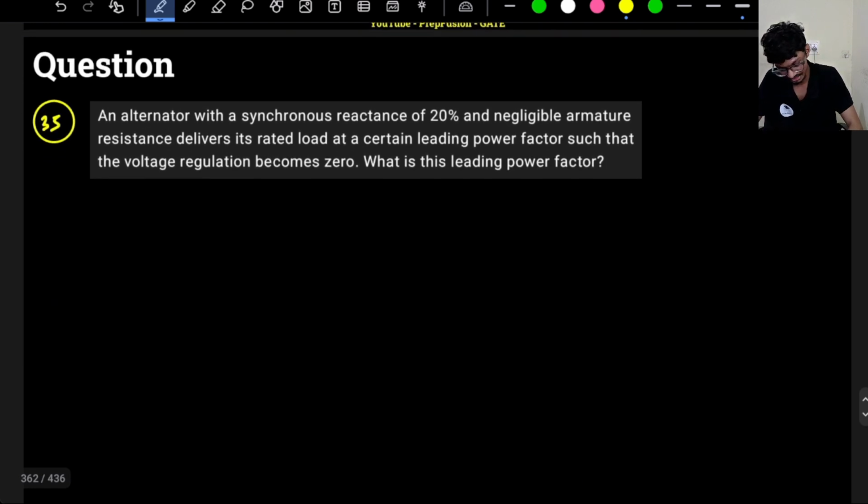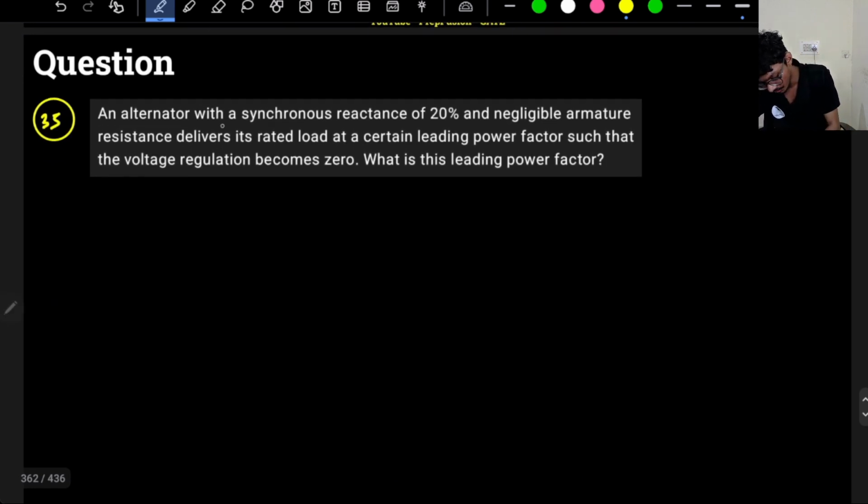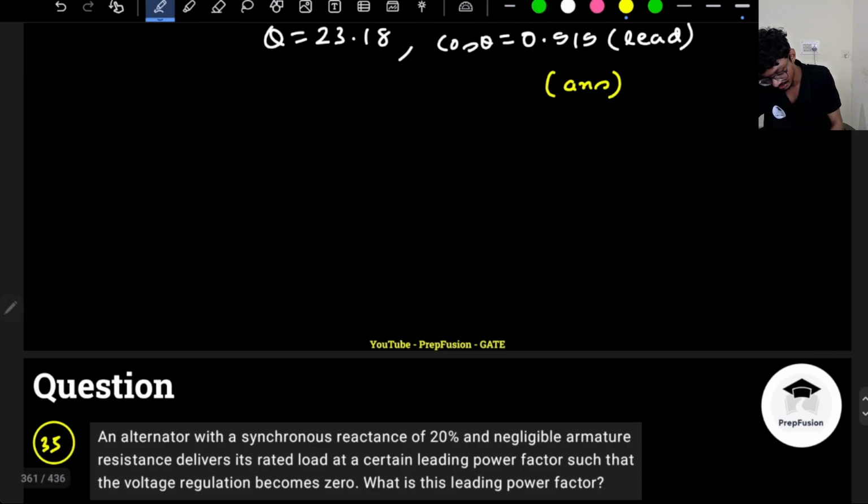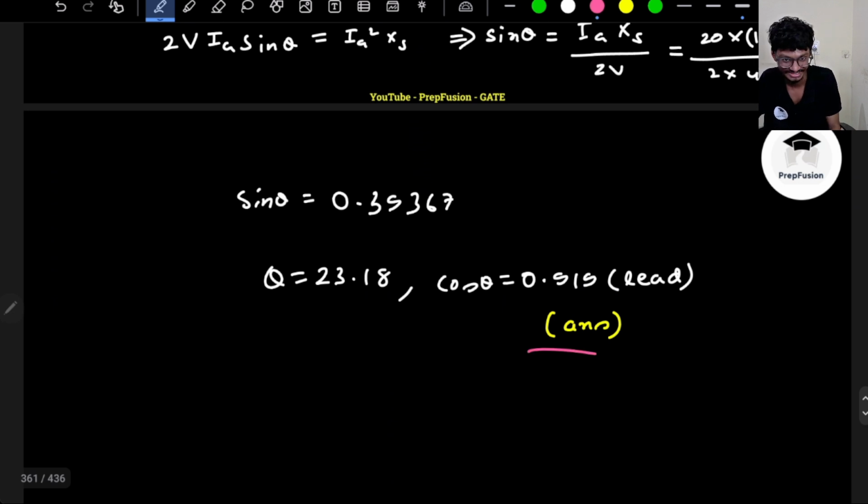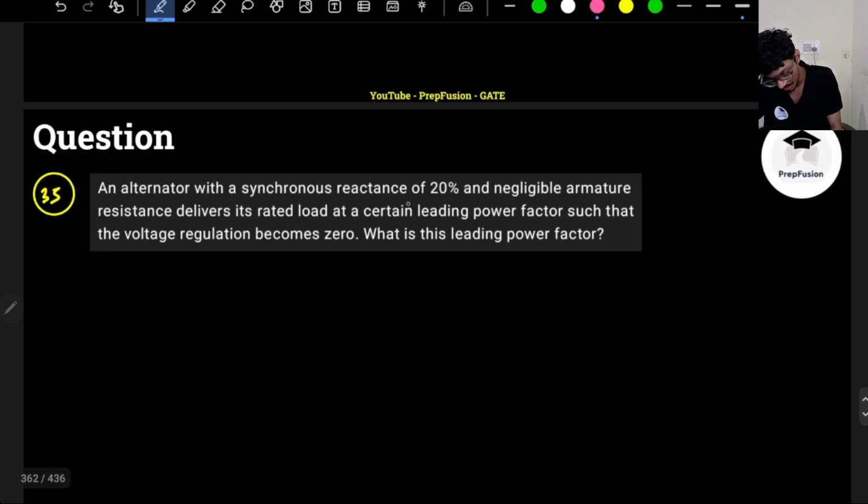This is another question, a similar kind of question. Why it is leading, I hope you remember, right? Because it is a capacitive load. An alternator with synchronous reactance 20%, so Xs is 20%, or in per unit it will be 0.2 pu. Negligible armature resistance delivers its rated current at a certain leading power factor such that the voltage regulation is 0.